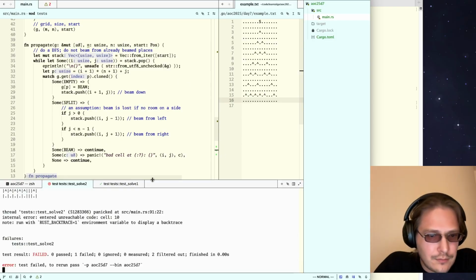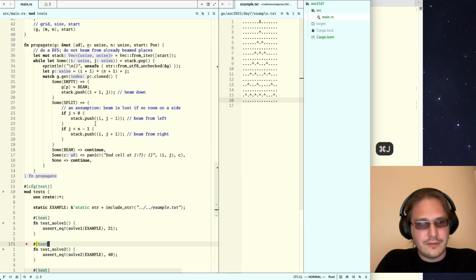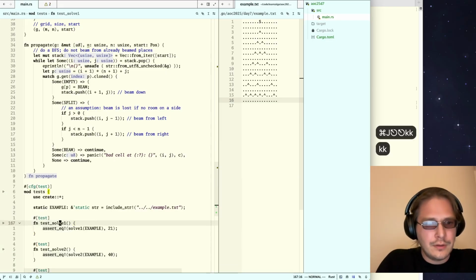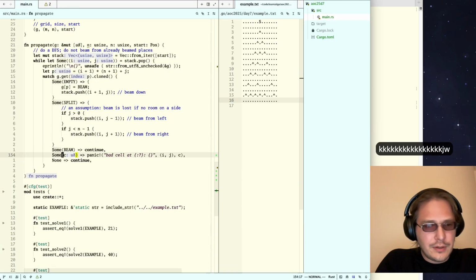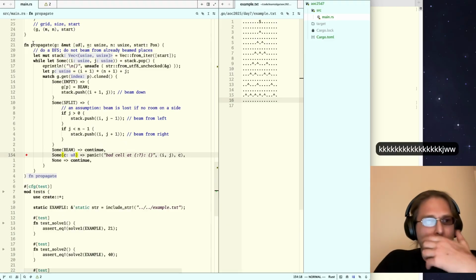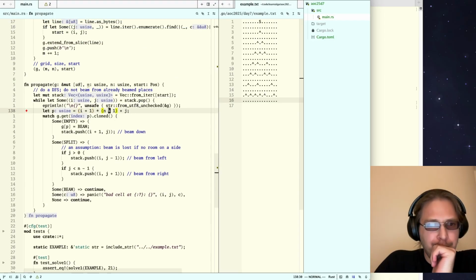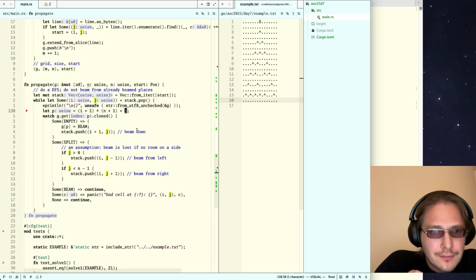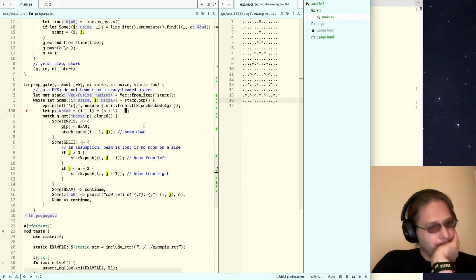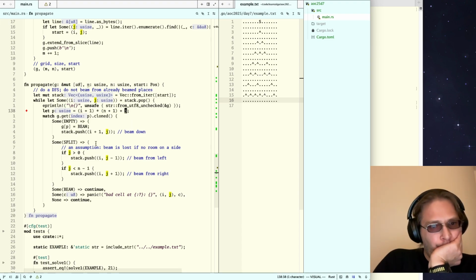Panicked. Root cell 10. Oh, yes. Somehow I got addressing wrong. Bad cell. Okay. So that means what? Where does this j come from? Oh, okay.